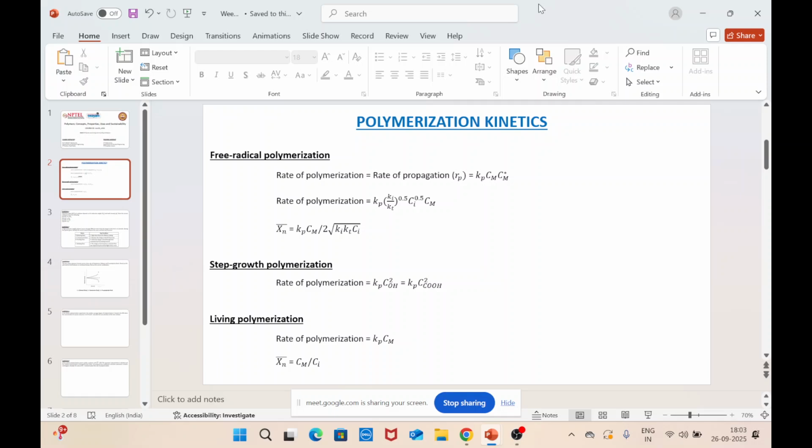The major concept is that the molten polymer is injected into the cavity of the mold, and once the entire cavity is filled, the polymer melt as well as the mold is cooled and solidified. Once solidified, the mold is opened, and then the plastic part that is formed is ejected out.